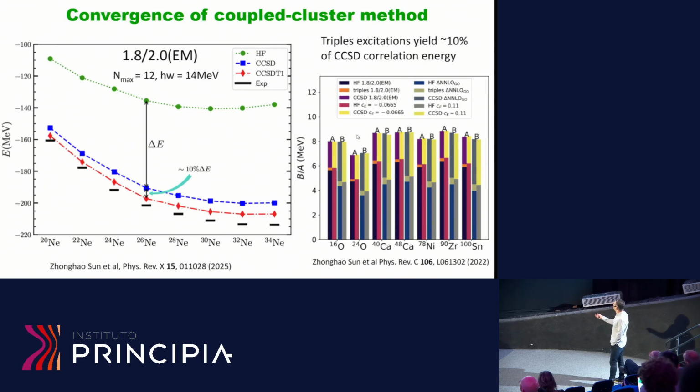We also looked at spherical nuclei from oxygen-16 all the way up to tin-100. And again, if you look at this small orange contribution here, this is the triples contribution to the full energy budget. And for all of these spherical cases, it's again about 10%. So we see a similar convergence pattern in atomic nuclei as you see in quantum chemistry applications.